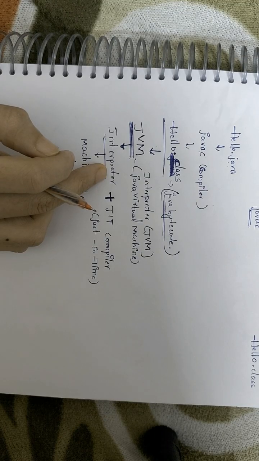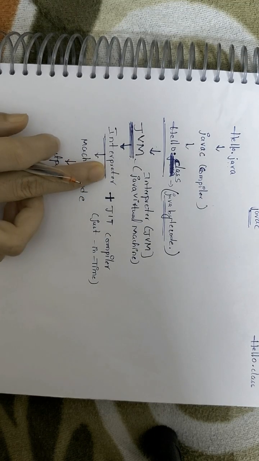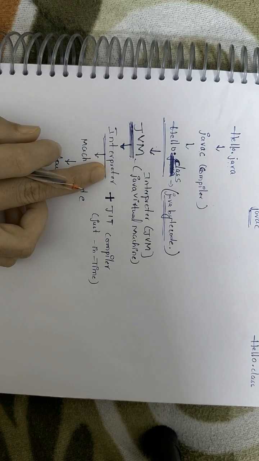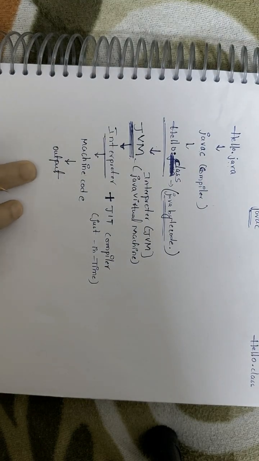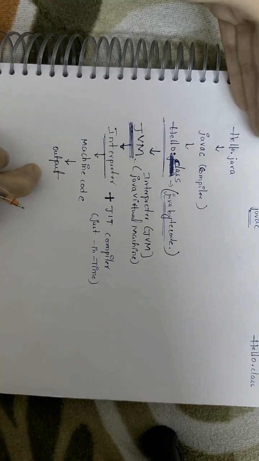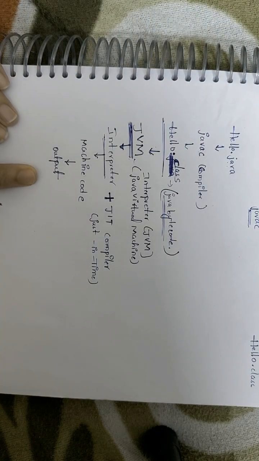It converts our bytecode into native machine code. For better performance we use JIT here. This is how our whole Java code is converted from a high level language to a low level language.